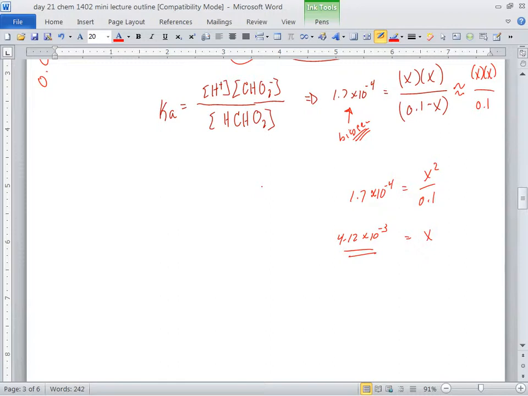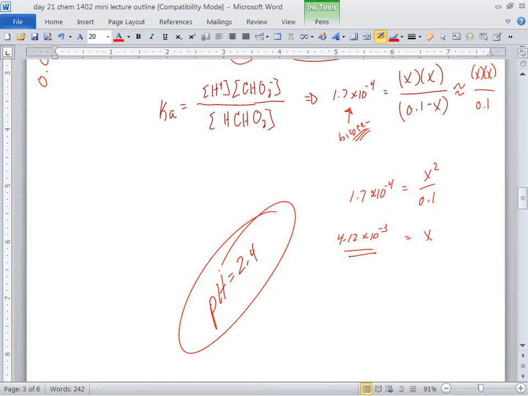You get about 2.4 or so, right? Perfect. That's my answer. What if they asked for the pOH? What would you do? Subtract from 14. Yeah, that's no big deal.